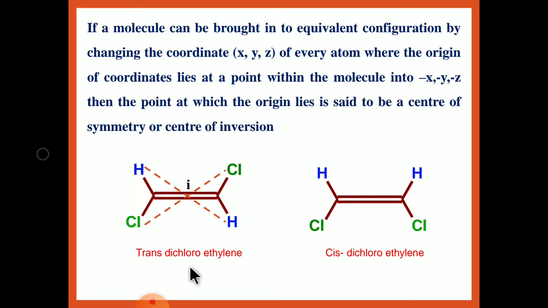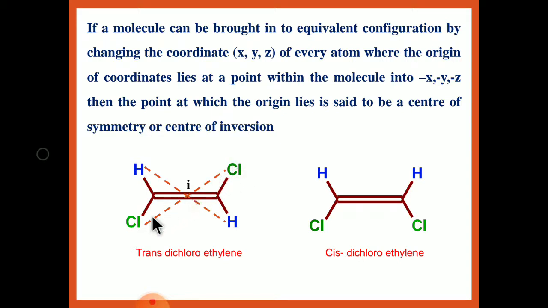Here are the two examples. One is trans dichloroethylene and another example is cis dichloroethylene. In trans dichloroethylene, suppose Cl is one of the atoms of this molecule, and it is situated at an equal distance from the center i, and the second chlorine atom is also situated at the same distance from the center.